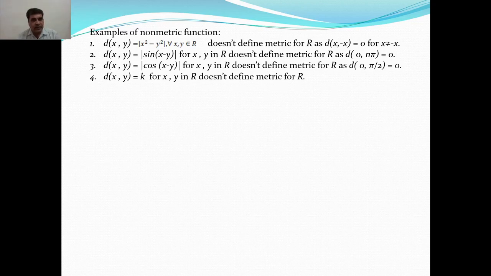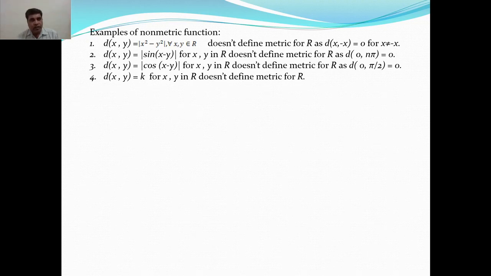Here, if I take two real numbers x and minus x, where x is non-zero, then d of x comma minus x will become mod of x square minus minus x whole square, which is equal to mod of x square minus x square, which is 0.